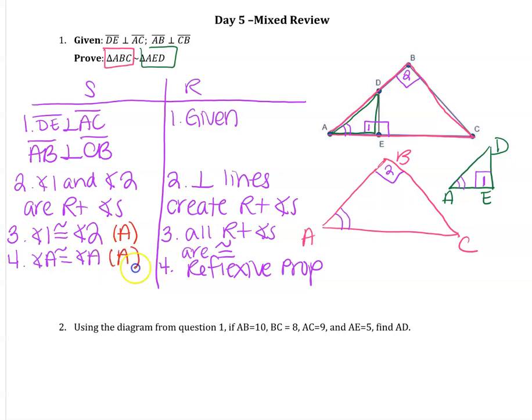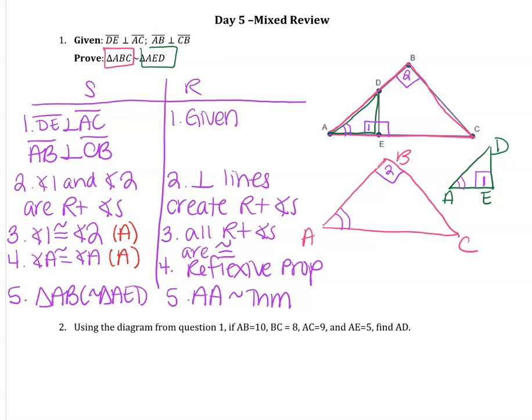So now you have two pairs of angles in your proof, which means then at step 5, we can now say that triangle ABC is similar to triangle AED by angle-angle similarity theorem. And you're done. I always like similarity proofs because you're just talking about the angles, not the sides.